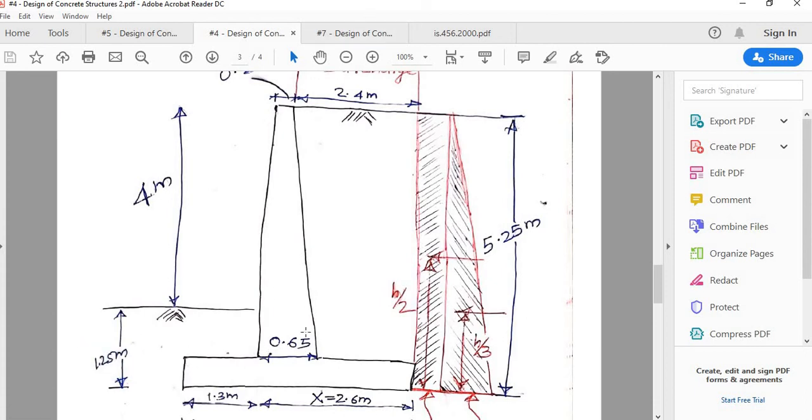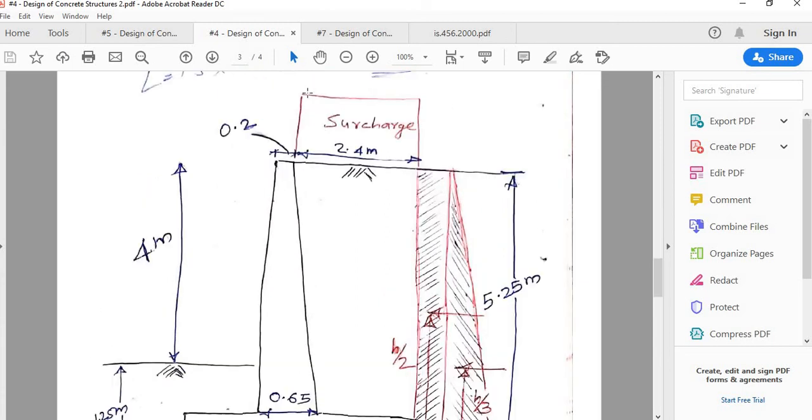For the stem portion, maximum bending moment and shear force is here, and it will reduce as you go up. Theoretically, at the top there is no bending moment or shear force.